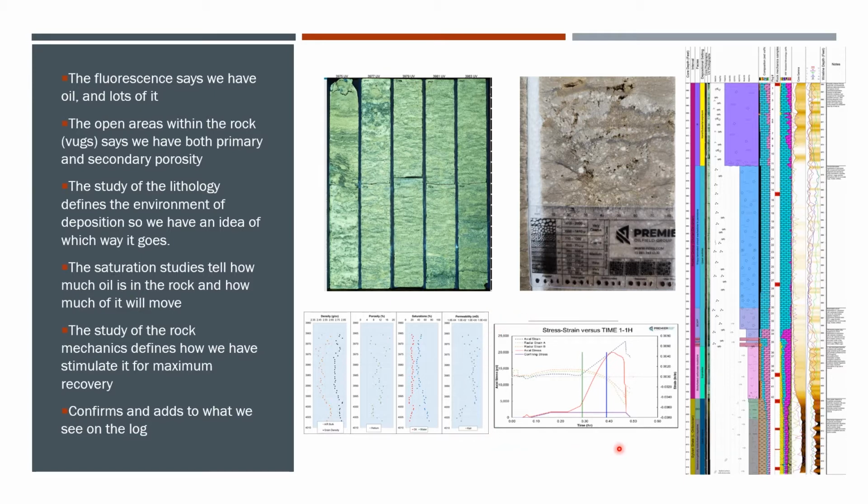We also did some rock mechanics studies, these stress-strain diagrams and a whole lot of other diagrams that told us what kinds of forces, pressures and volumes would be necessary when we stimulate this reservoir, because we now know that we have to. All of this, as a group, confirms and adds to what we see on the open hole logs.